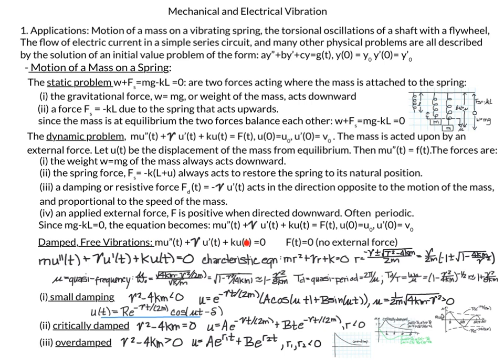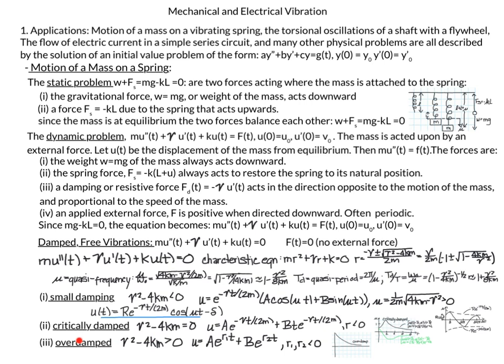If you look at this equation, you see the form is a second-order linear differential equation with constant coefficients. And we know how to solve those. We take the characteristic equation and we solve for the roots. And if you remember, there are three possibilities for the roots. One, you can have two distinct real roots, and that's when what's under the square root is positive, or greater than 0.